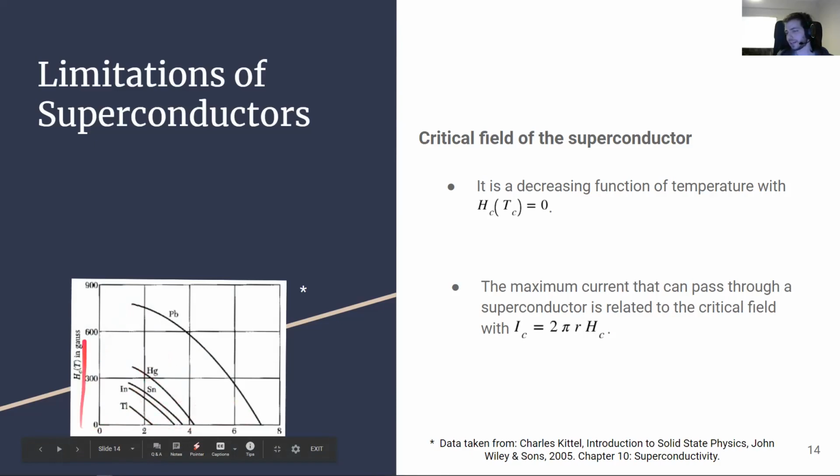And here at H equals 0, we can see the critical temperatures of certain elements as well. Like mercury is very close to 4.2, which is what Onnes observed.